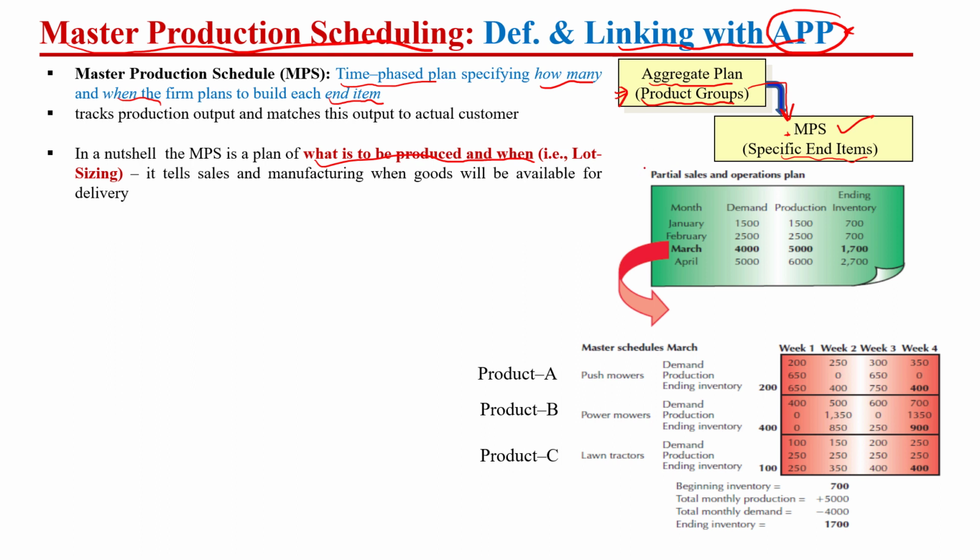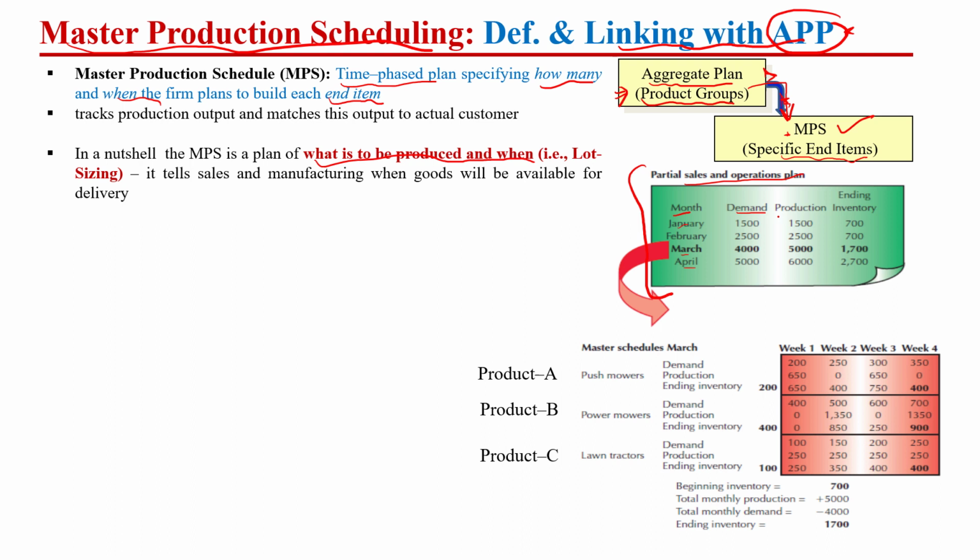Here, let me give you an example of how we can link the aggregate production plan with the master production schedule. Suppose here we have the aggregate production plan, which is called the sales and operation plan. We have developed the plan for the months of January, February, March, and April.